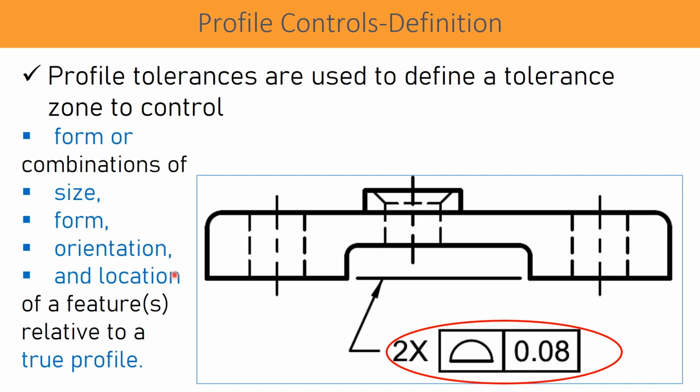If a profile control is applied, either it controls independently as a form tolerance, or if it is applied with the datum, then it controls everything including size, form, orientation and location of the feature, and it is with respect to or relative to a true profile.